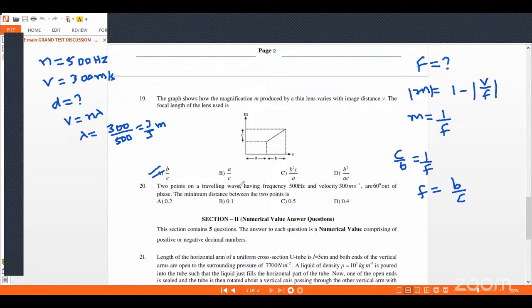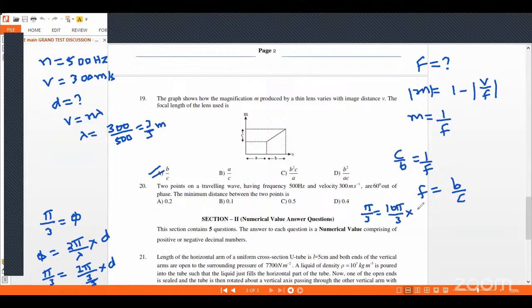The phase difference is 60 degrees, which I can write as pi by 3. Since phase difference equals 2 pi by lambda times the path difference, that is d, pi by 3 equals 2 pi by 3 by 5 into d. So pi by 3 equals 10 pi by 3 into d.